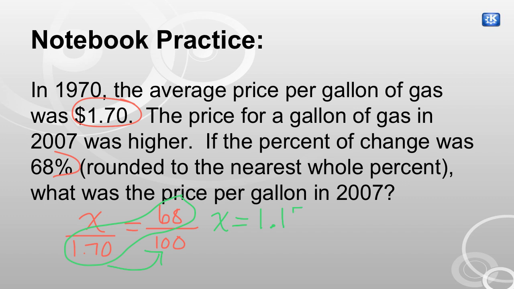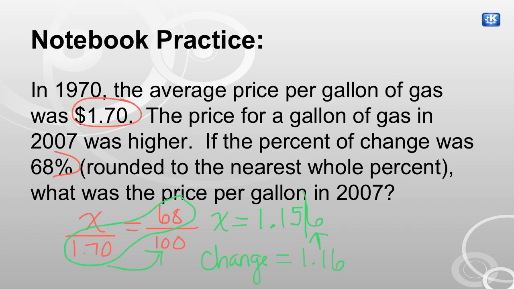And that is not going to work with our money system. We can only have 2 decimal places, not 3. I'm going to put a cut line right here, and I'm going to look at this number. Because it's a 6, I'm going to say the change, which is where the x was sitting in my framework, was $1.16.